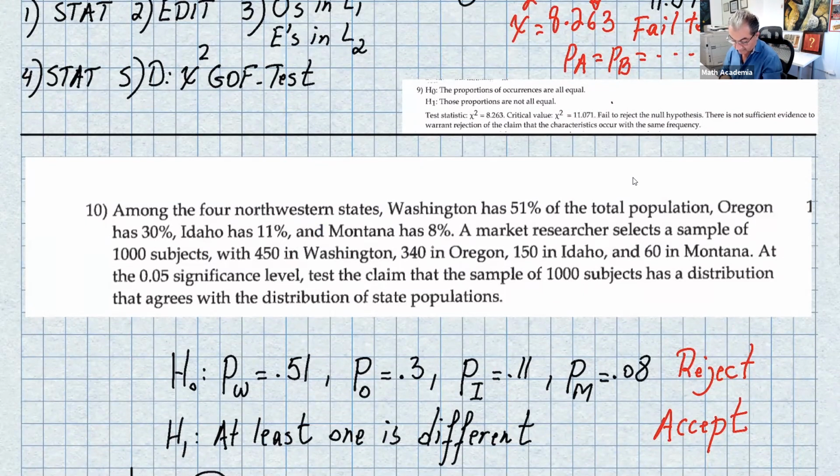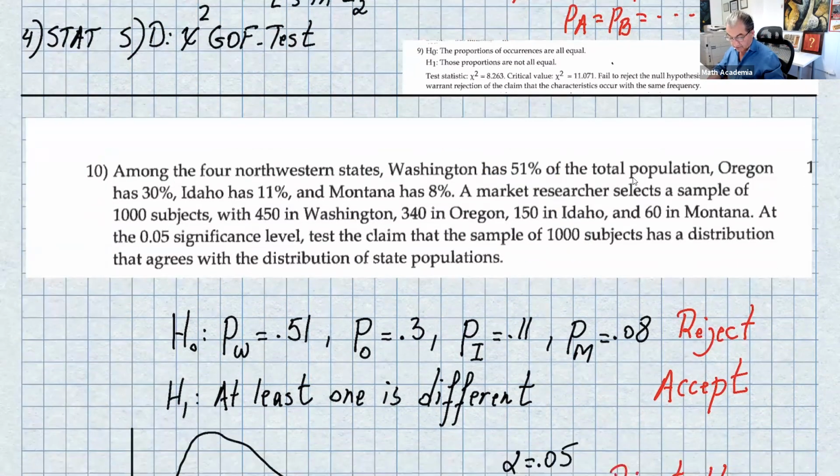At the 0.05 significance level, test the claim that the sample of 1,000 subjects has a distribution that agrees with the distribution of the state population. Basically, these researchers picked 1,000 people, and he wants to know if the proportions are the same as given by the state. So that's what he wants to check.